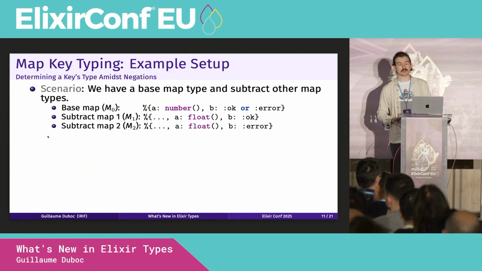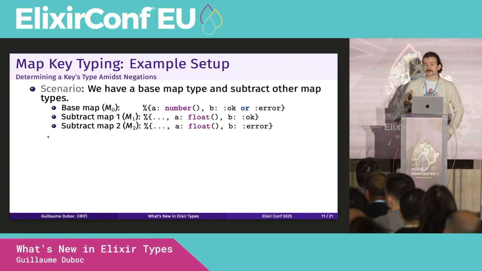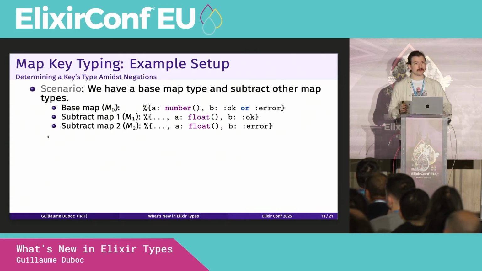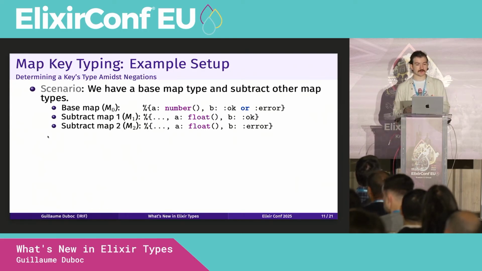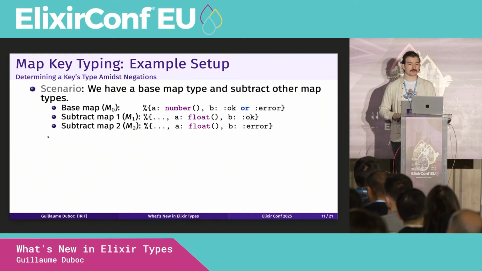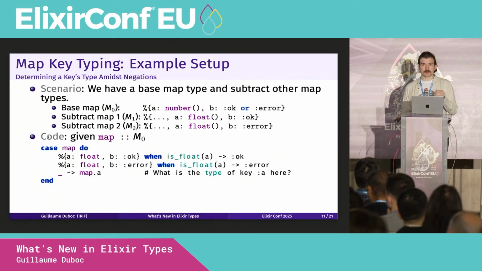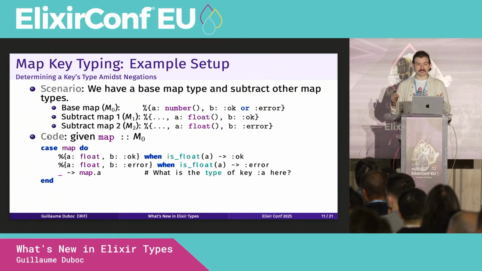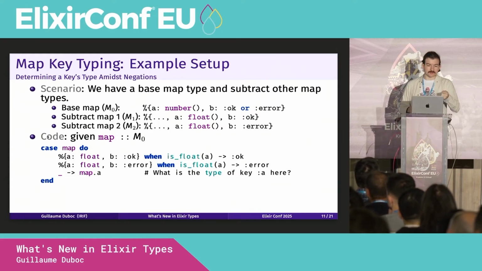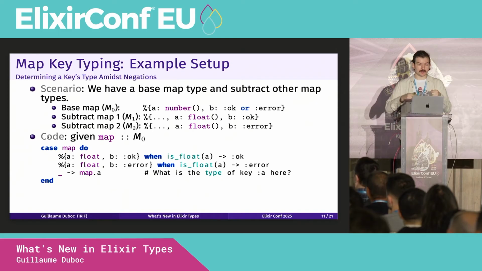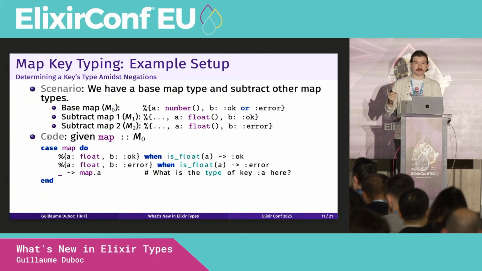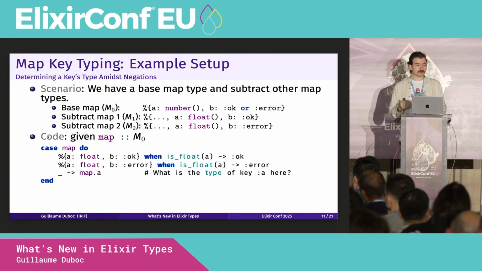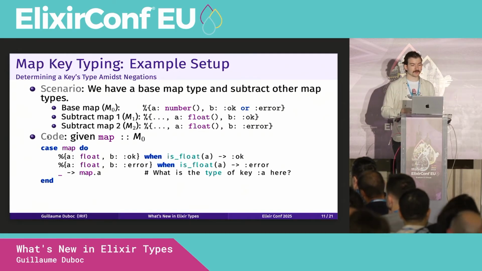A is a number, and B is the atoms OK or error, and you want to subtract two other types from it, the types M1 and M2, which corresponds to just a basic pattern matching expression. So if you have a map of this type, and you pattern match on maps with A float and B OK, you did something. Then in the second branch, you pattern match on this other type.